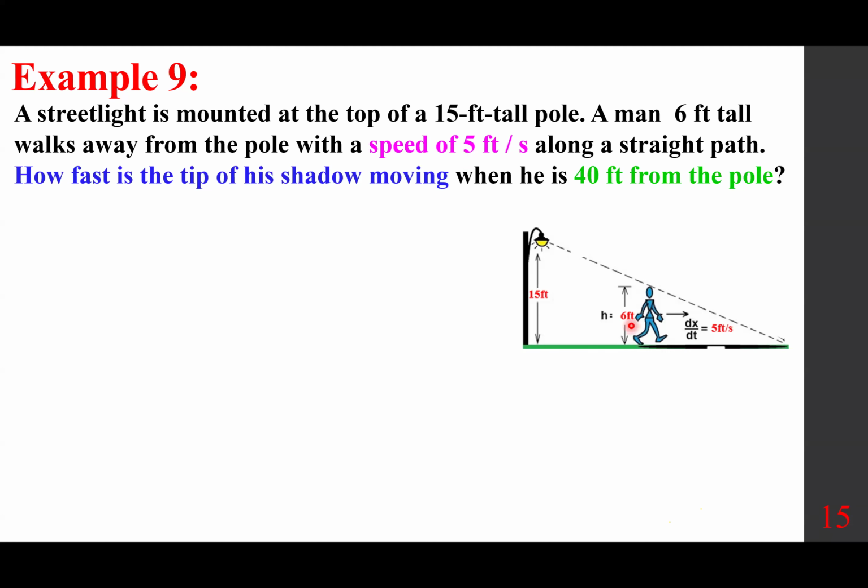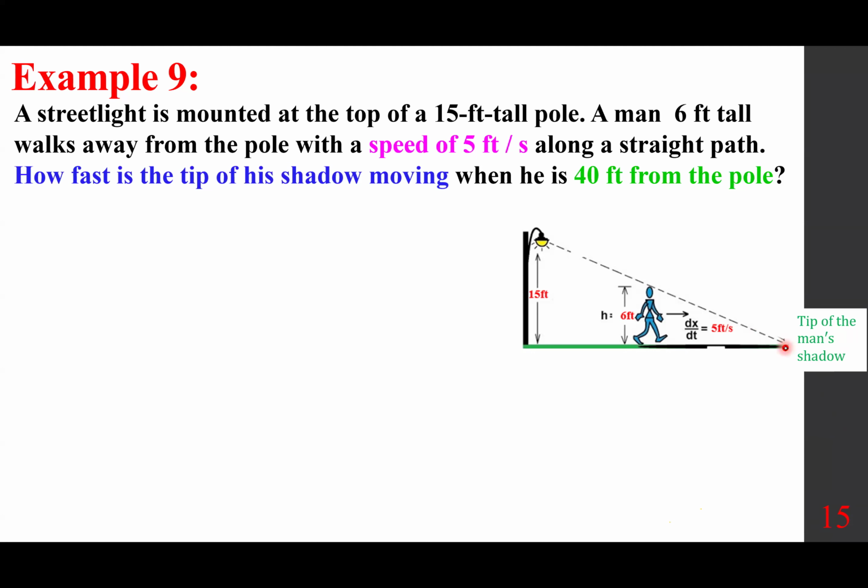Again, 15 feet, the height is 6 feet, and he's moving at the speed of 5 feet per second. We're going to call it dx/dt. So as he moves, the tip of the man's shadow is here.